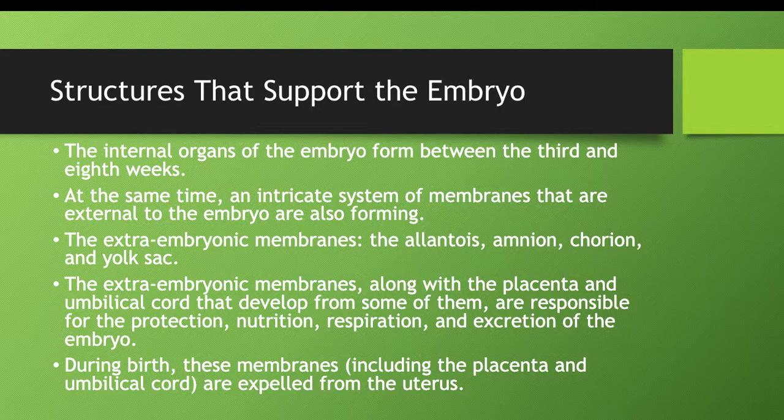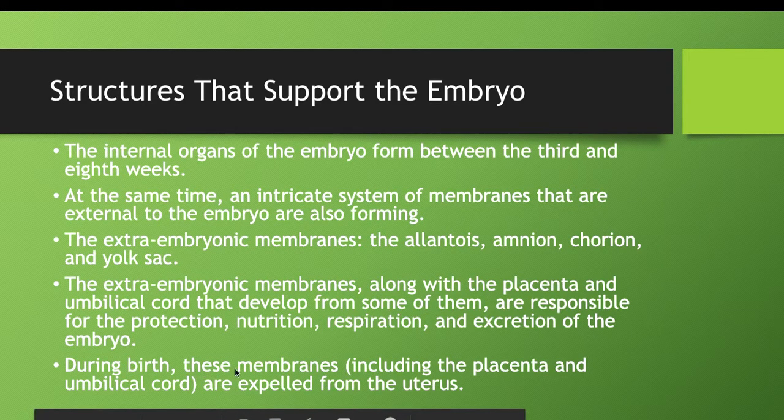The extra embryonic membranes, along with the placenta and the umbilical cord that develop from them, are responsible for protection, nutrition, respiration, and excretion of the embryo. So all of these extra membranes, protective layers, are there to help the embryo.